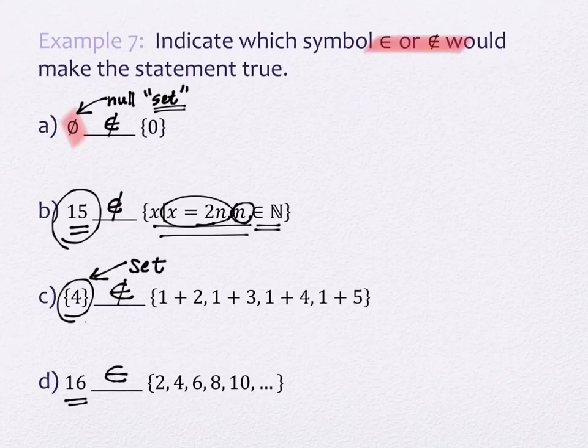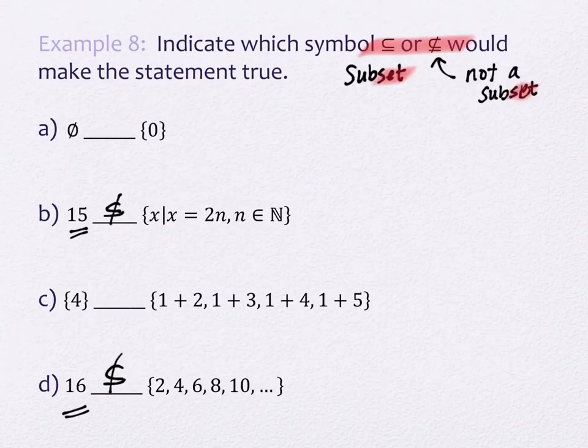So over here, the empty set: is everything in the empty set inside the set that contains the number 0? Yes, it's a weird way of saying yes, but yes. I would write on your paper, if I were you, that the empty set, the null set, is always a subset of every set. It will always work for subsets.